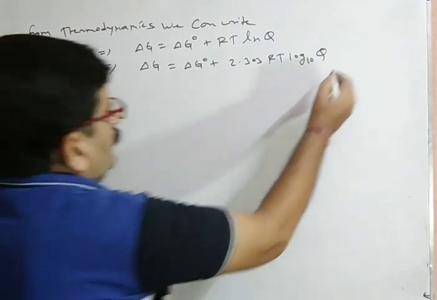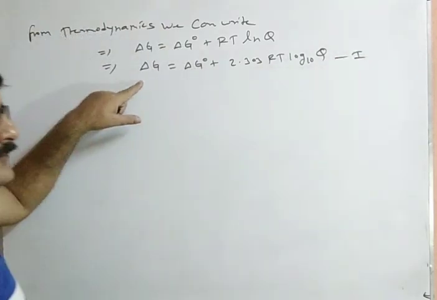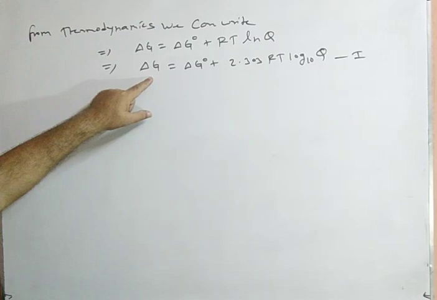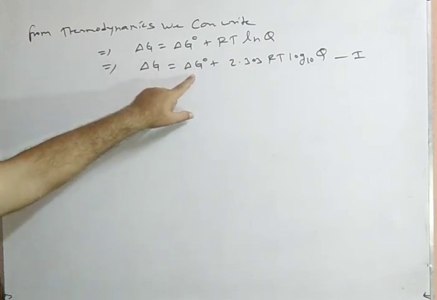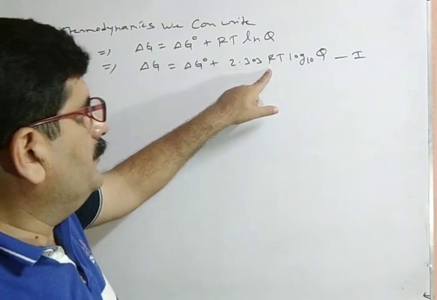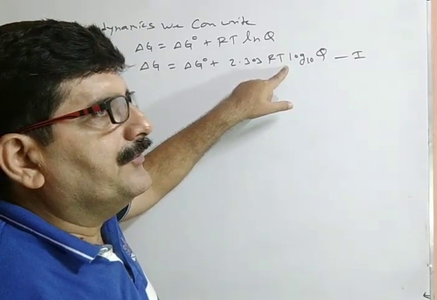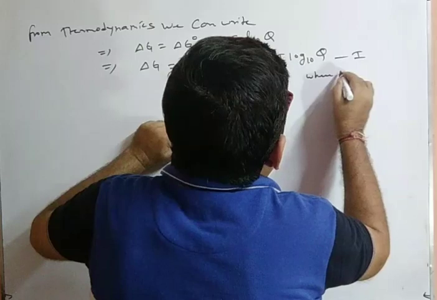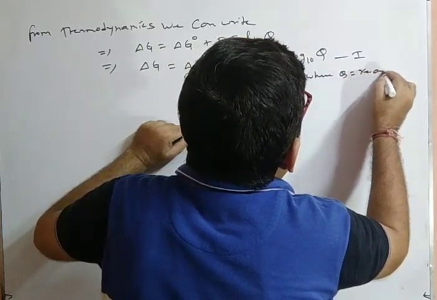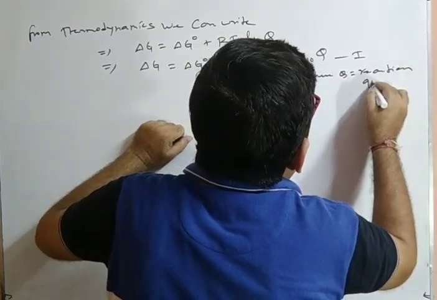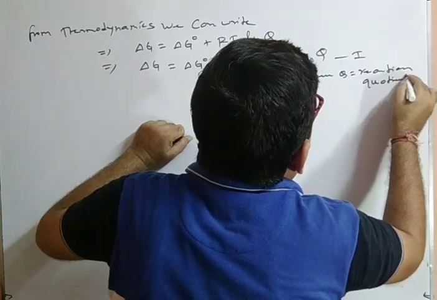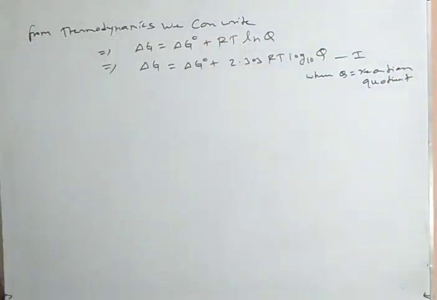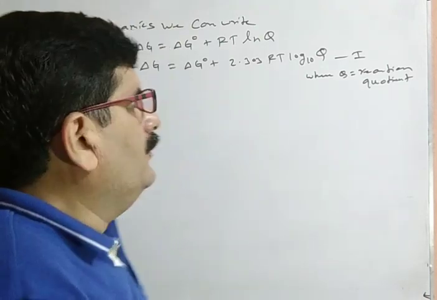Delta G is the Gibbs energy at non-standard state, delta G naught is the Gibbs energy at the standard state. R is the gas constant, T is the absolute temperature, and Q is the reaction quotient, that is, the ratio of concentration of product and concentration of reactant.